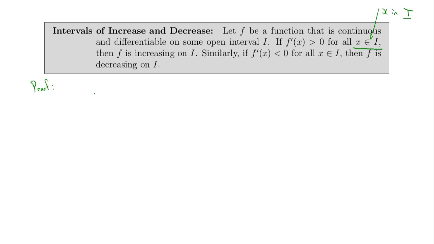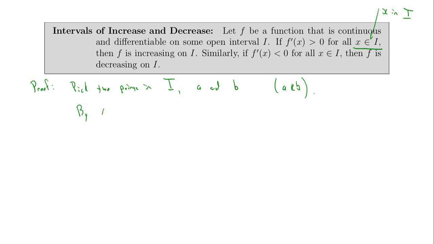What we're going to do is we're going to just pick two random distinct points in our interval. So pick 2 points in I. We'll call them A and B. And just so that we're all on the same page, we're going to make A the small one and B the big one. Doesn't really matter. We could just switch the names around, but whatever.